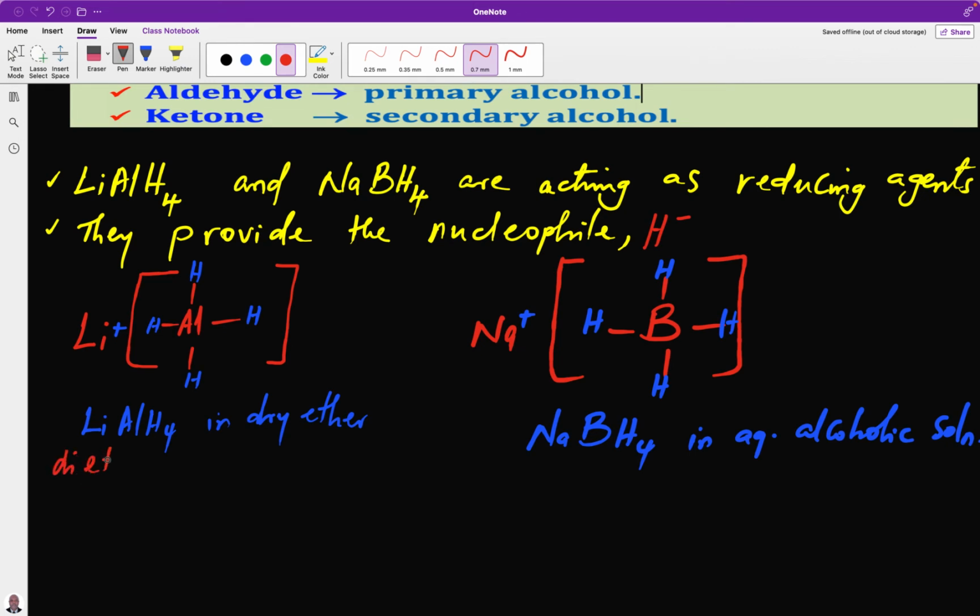Diethyl ether at room temperature. So now remember that NaBH4 in aqueous alcoholic solution is weaker than the lithium tetrahydroaluminate.